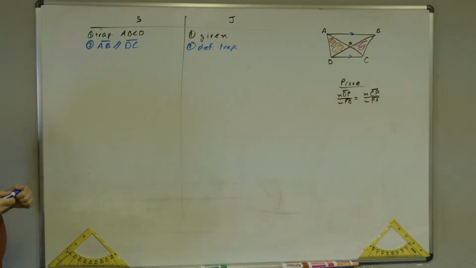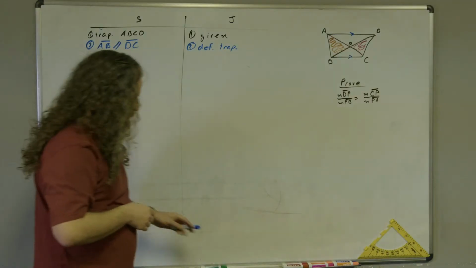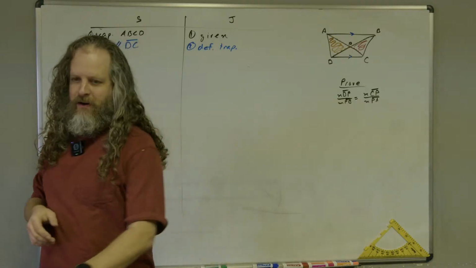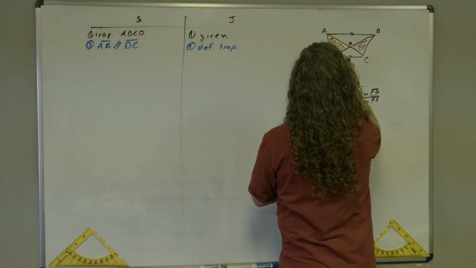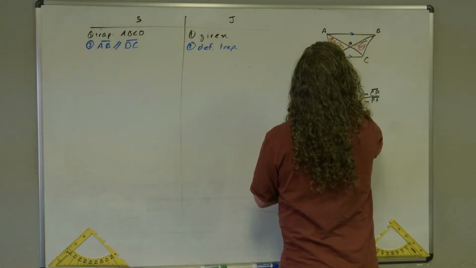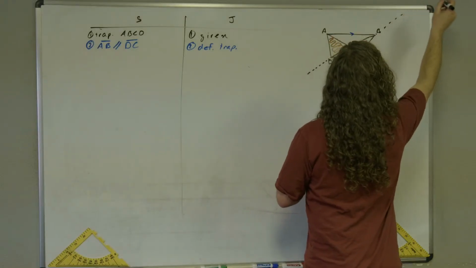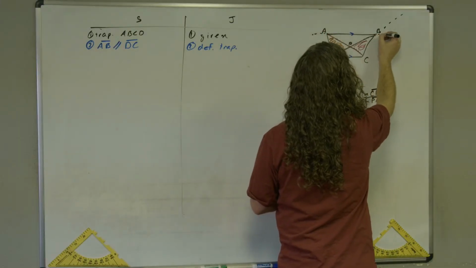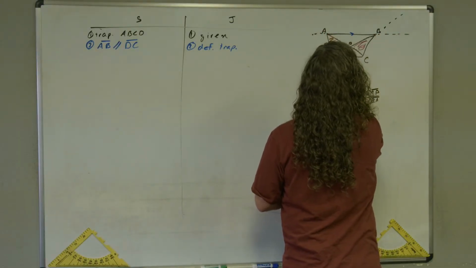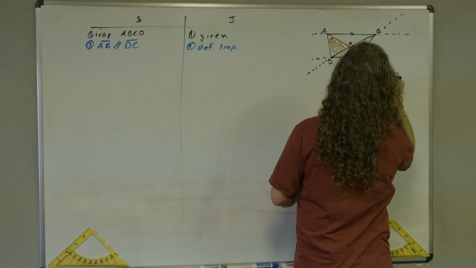Okay. So it could be useful, it often is, if we have parallel lines, if we go ahead and extend the lines out so we can see. So this is a transversal, crossing these parallel lines. And we've got this other transversal coming out here, right?